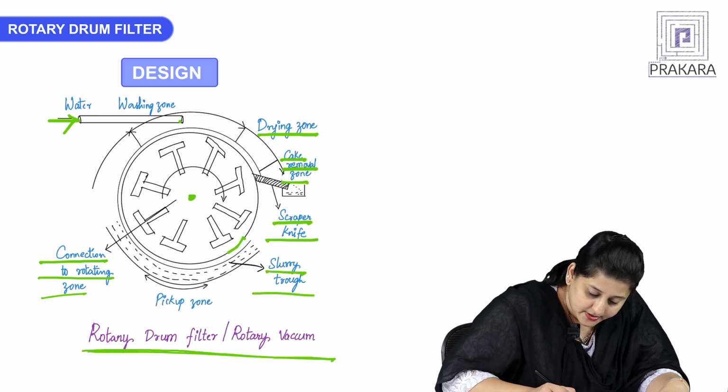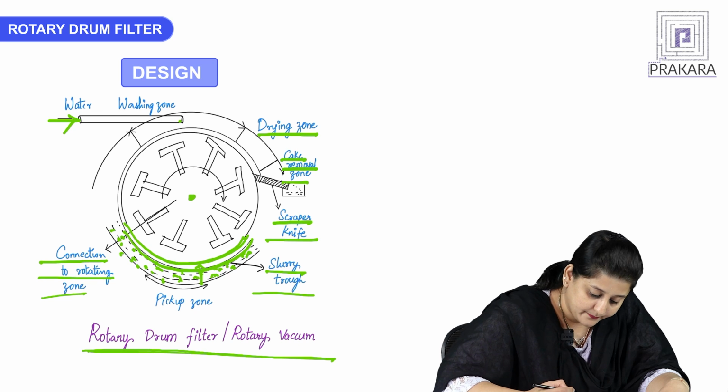So this particular drum first dips into the slurry trough. As you can see, the slurry is present at the bottom. So the sieve-like mechanism happens here. It consists of a filter cloth and a support through which the slurry is dipped in and the solid particles are collected on the surface of this drum.